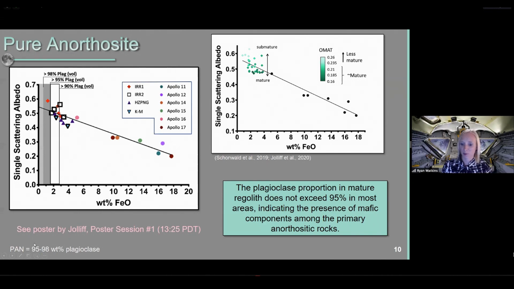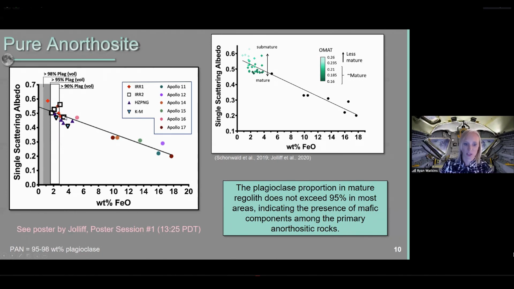If you're not familiar with pure anorthosite, basically we have hyperspectral imaging data that suggests there's anorthosite in very high percentages, so about greater than 95% plagioclase. And Anna Schoenwald went and looked at a few of these areas of pure anorthosite detections and correlated their single scattering albedos with iron content.